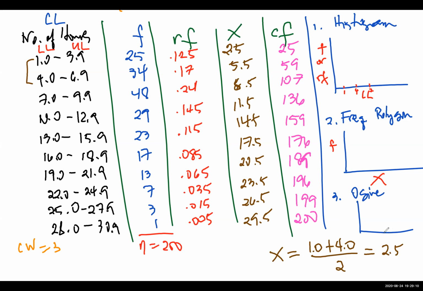Upper limit. Yes, the upper limit. And this one is cumulative frequency. Very good. So remember all those, especially for the graphs, those X and Y axes, that's very important. Don't mix any of those. And make sure that you know how to complete the table, so whenever you have the F, RF, X, and cumulative frequency. Any questions?